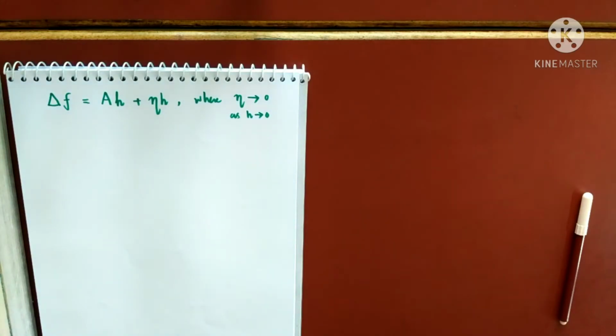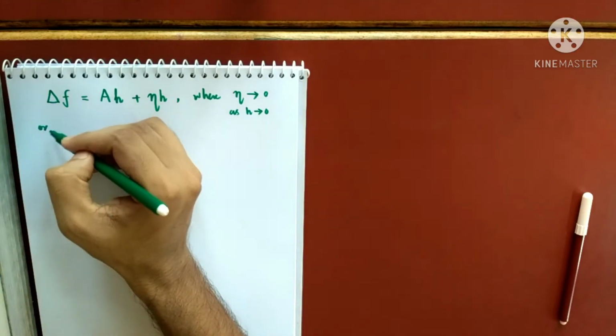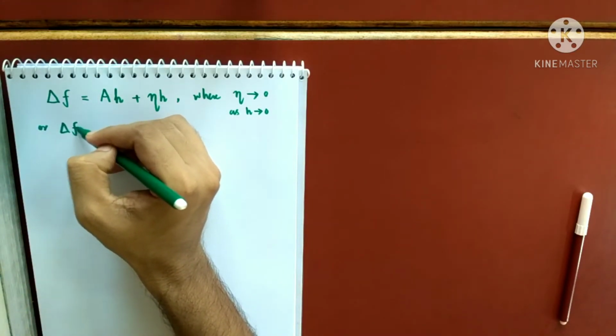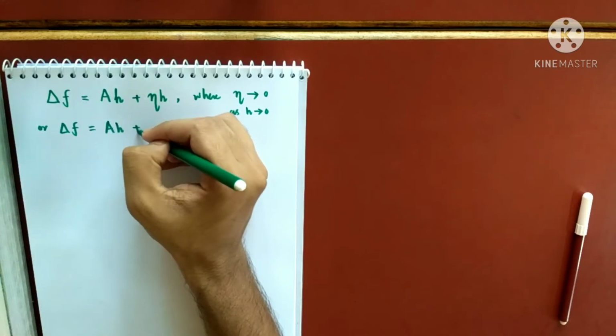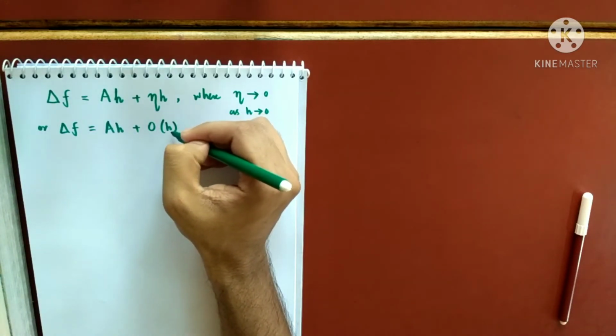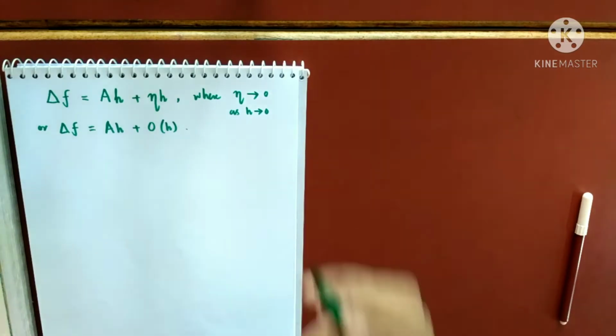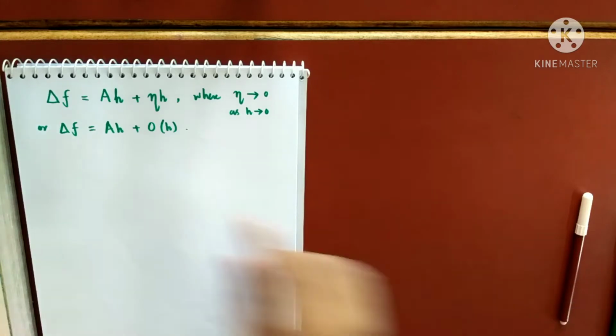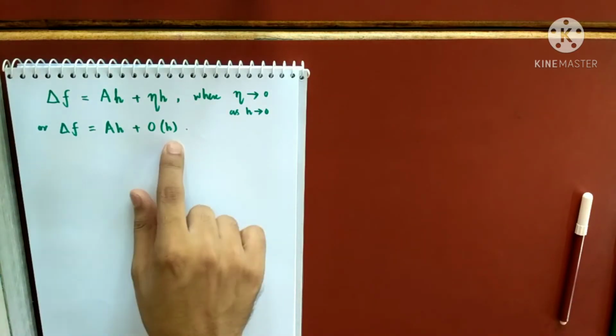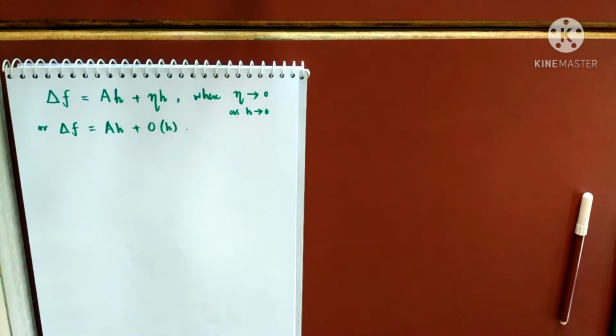We saw that this was always the case. Another way of writing this is ah plus order of h, right? So whenever a function is differentiable at some point, this will hold, and whenever this holds, the function will be differentiable.